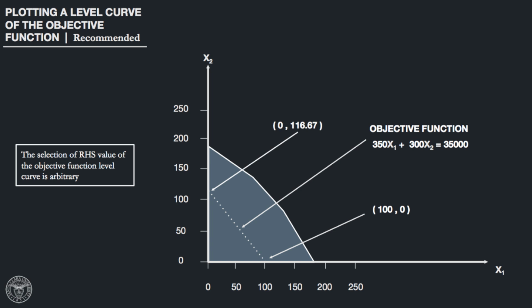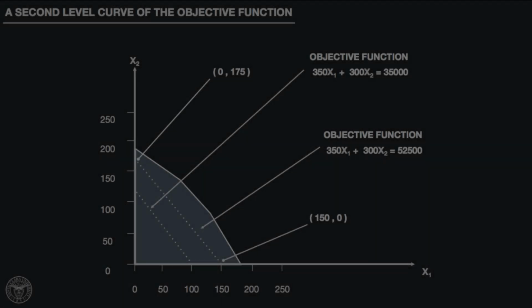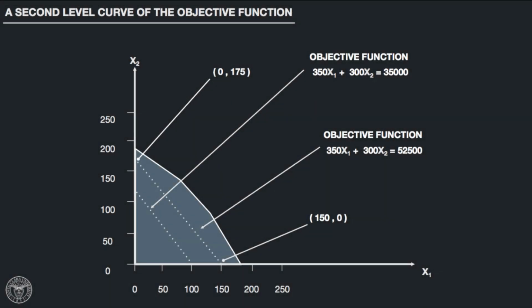You might argue that this line is too far away from the boundary, so we can definitely draw a second objective function level line. For example, we set 350x1 plus 300x2 equal to 52,500, and again draw the level line on the graph.